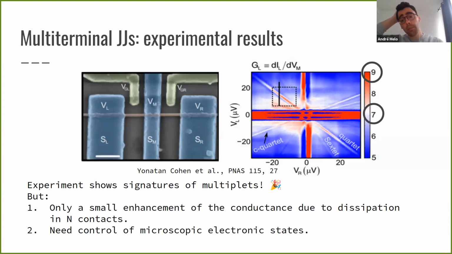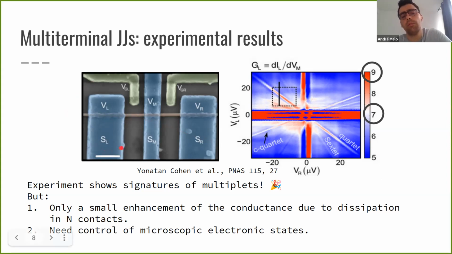And in fact, there have been a number of experiments that have looked at these types of devices and found convincing evidence of these multiplets. Here I'm showing a data set of one of the most recent experiments, I believe. I think this is a 2016 paper. On the left-hand side, I'm showing you the device that they patterned.